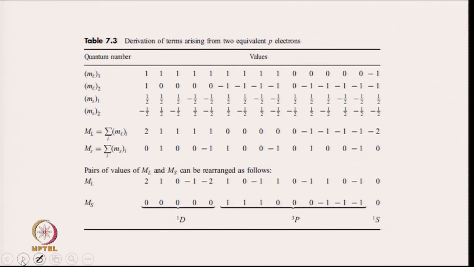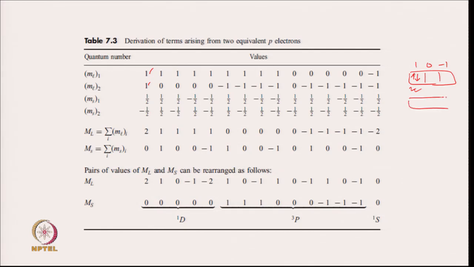Now, let us see here. The first is we started with 1, 1. It means that suppose you have a p orbital, this is 1, 0, minus 1. So, 2 electrons in this one. Only one combination is feasible, and that is 1, 1 with spins half, minus half.